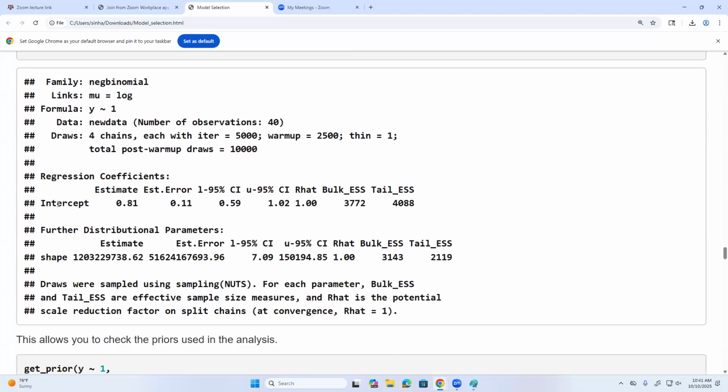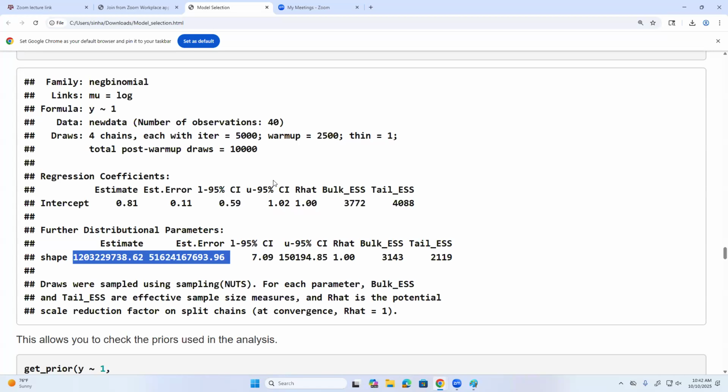What you see, the intercept term estimate is 0.81 and the 95% credible interval is 0.59 to 1.02. But the other parameter, the shape parameter, came out to be so large. So that means something is not going correct. And I got some convergence comment.